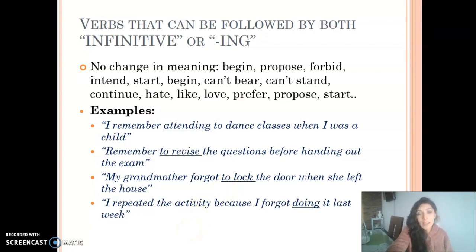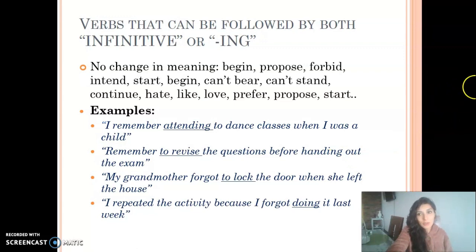If I change the gerund form with an infinitive, it's going to be: I repeated the activity because I forgot to do it last week. It has the same meaning because it doesn't change if we use infinitives or gerund forms. So you are able to use either of the two forms of the verbs, infinitives or gerunds.